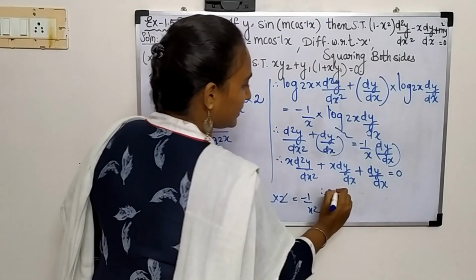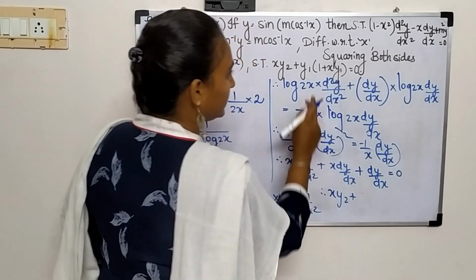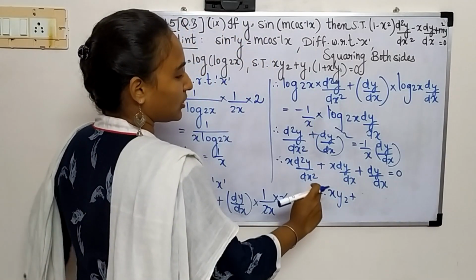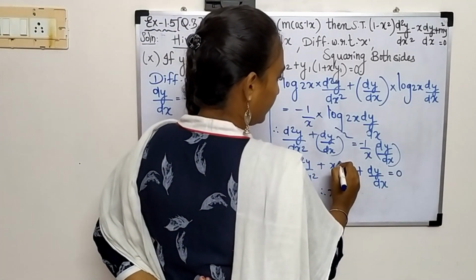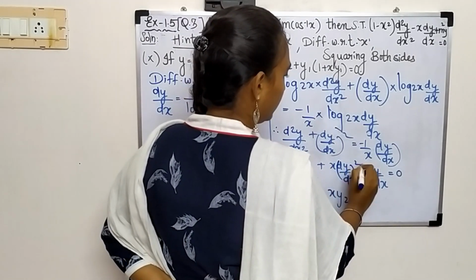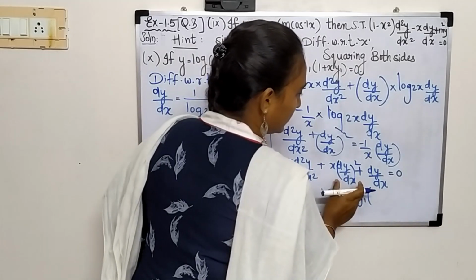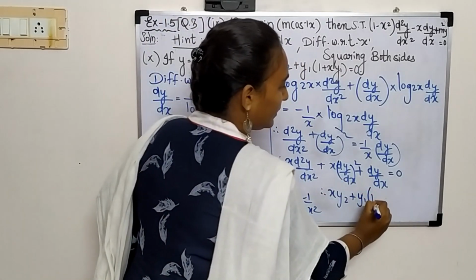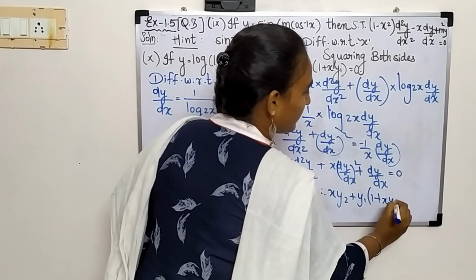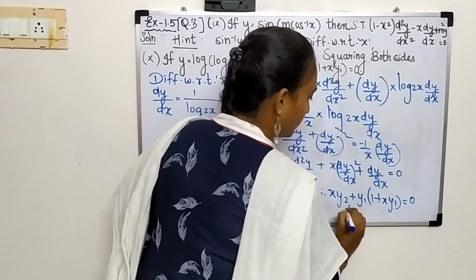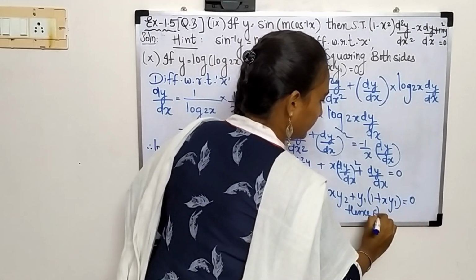Therefore x, this is y2 plus, take dy by dx common, this is y1, and we are left with 1 plus x y1 equal to 0. Hence shown.